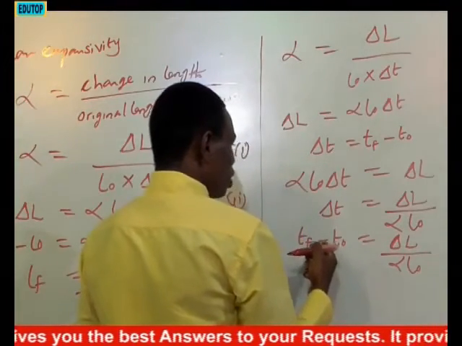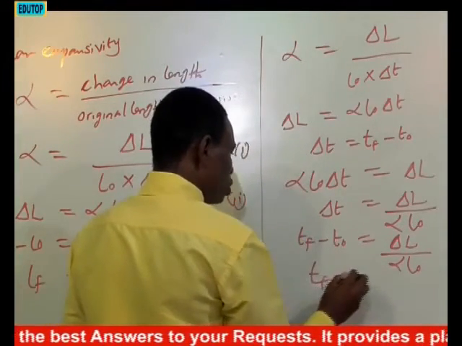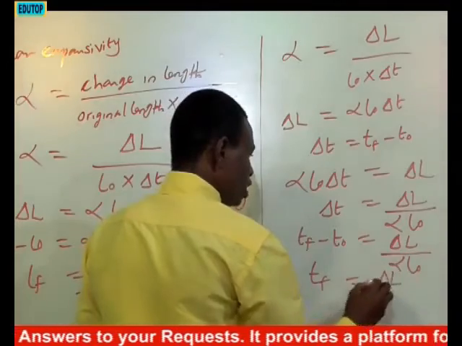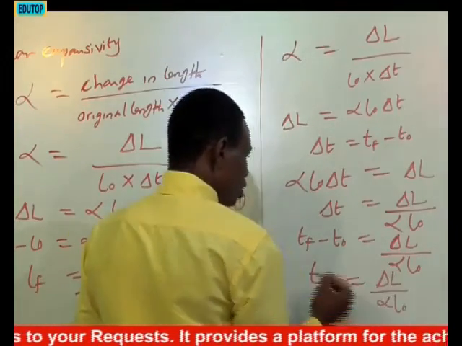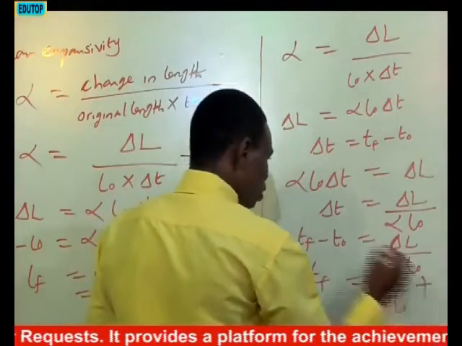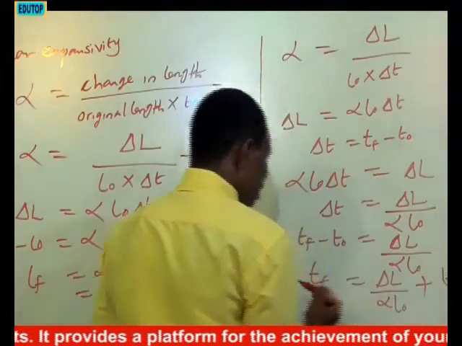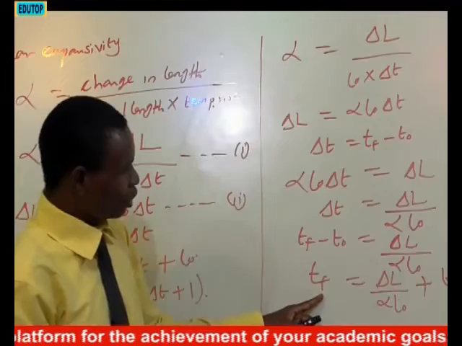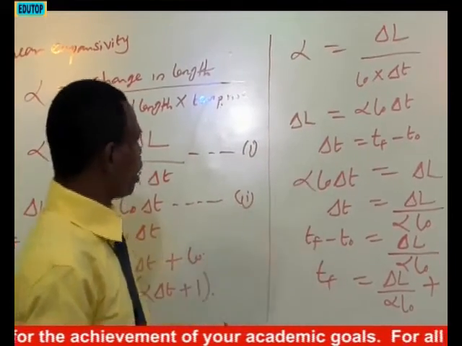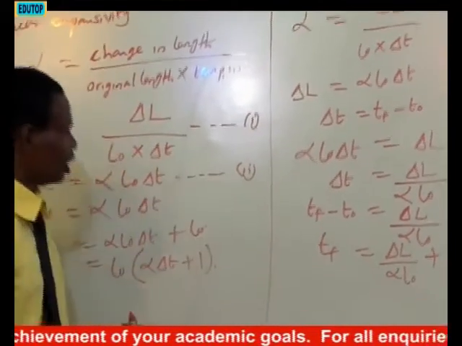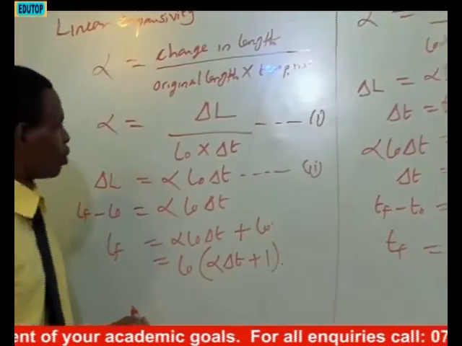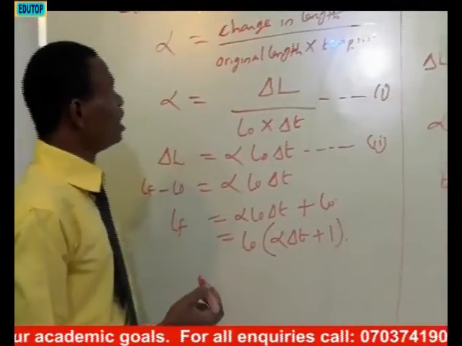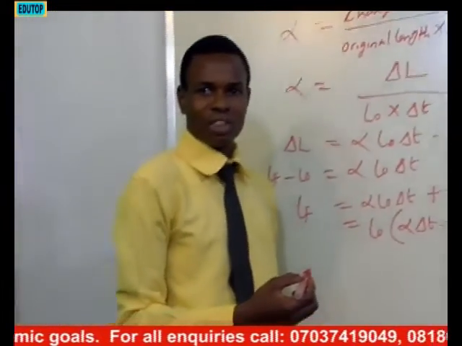Then the value of final temperature will now be equal to change in length all divided by this, and the minus becomes plus original temperature. And that is the formula to calculate the final temperature. I'm going to make use of all this in our calculation. And that is all about linear expansivity.